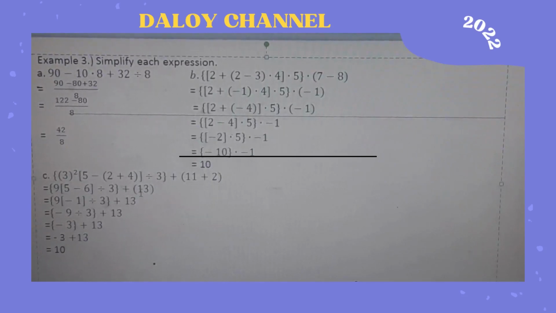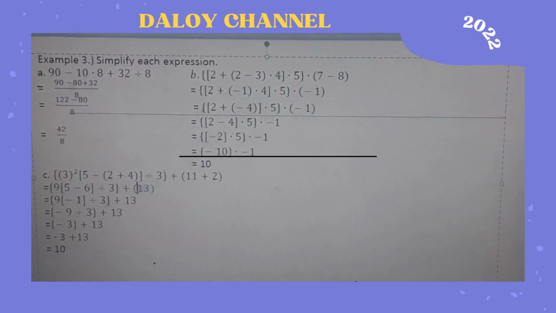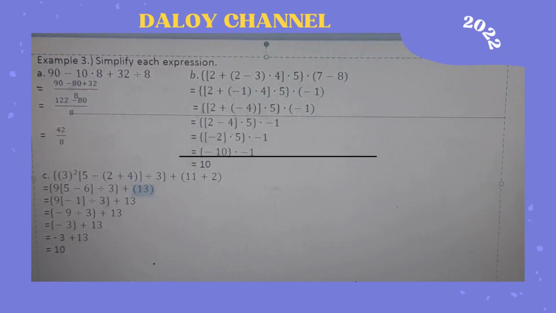So with parentheses, we will find the difference between negative 6 and 5. That is negative 11, which later to be multiplied first by 9. And after that, we will divide it by 3. It's division.